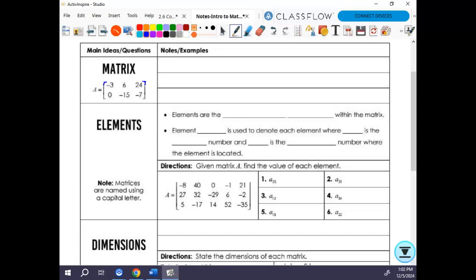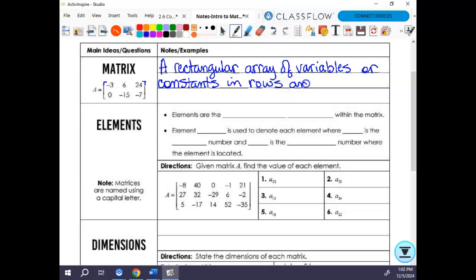So what a matrix is, it is a rectangular array of variables or constants, so letters or numbers, in rows and/or columns.